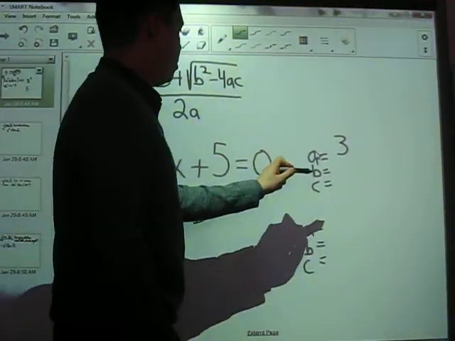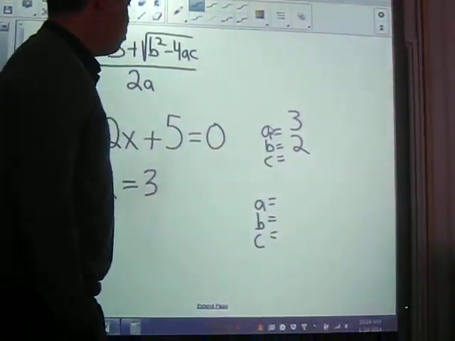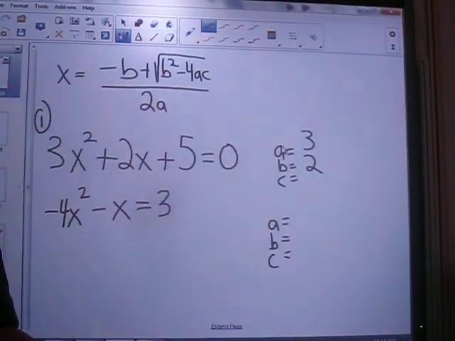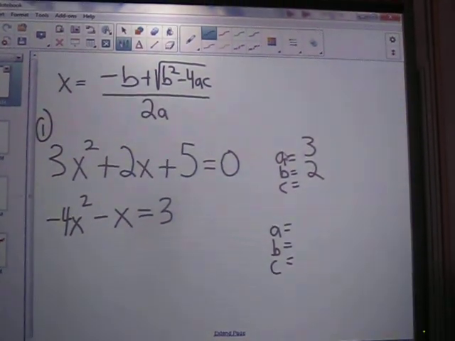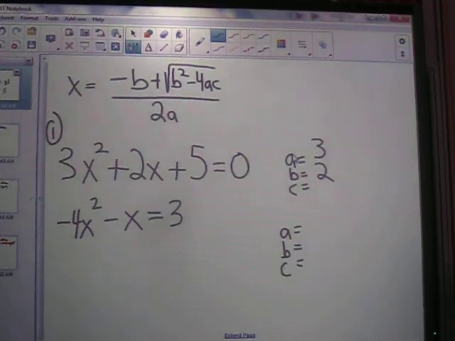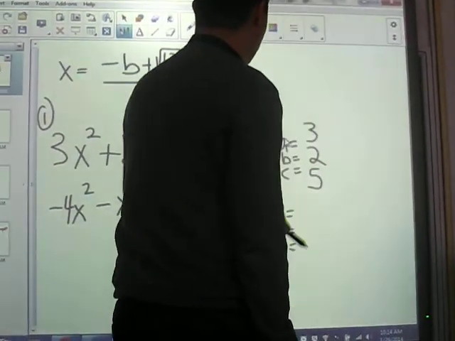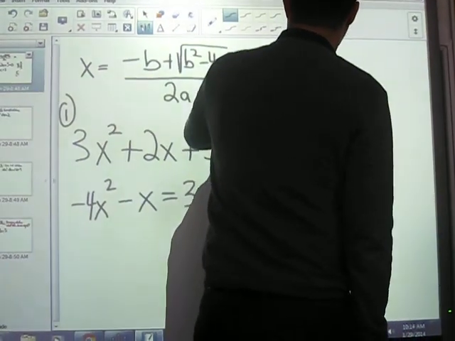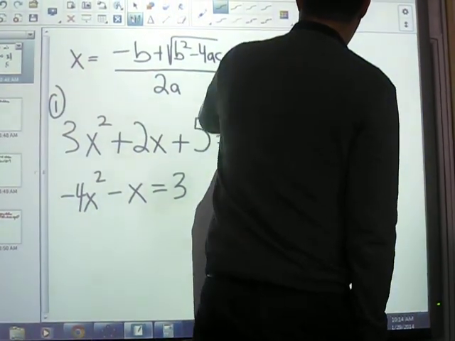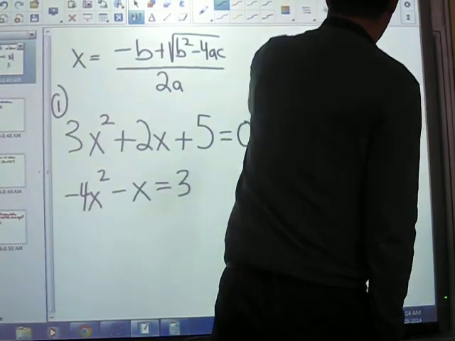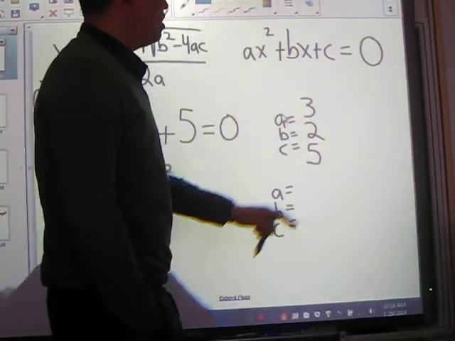Good. And the value of c? Angie: 5. That's correct. So that's just the standard form: ax squared plus bx plus c equals 0. Make sure that you set it equal to 0.